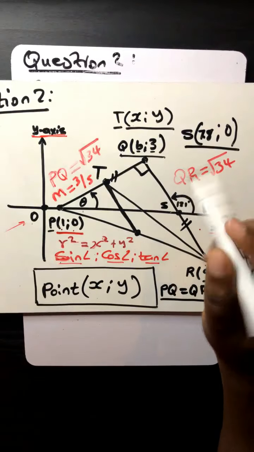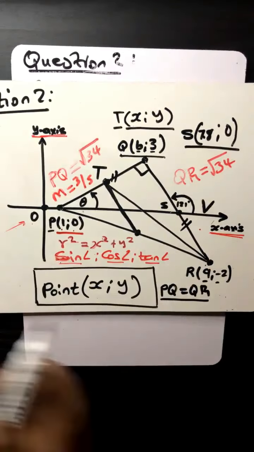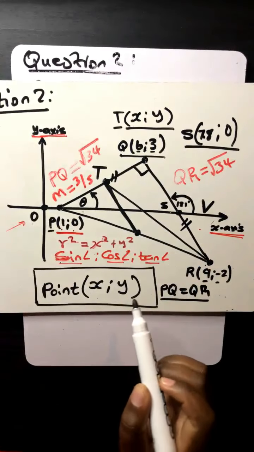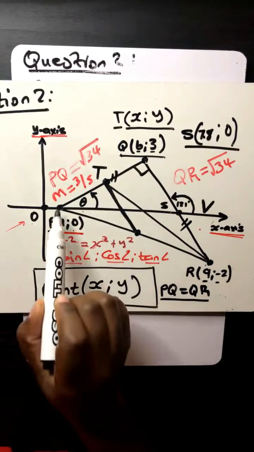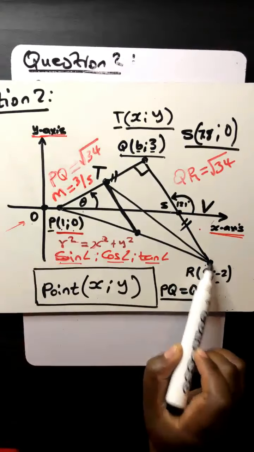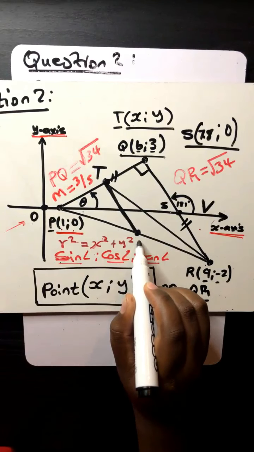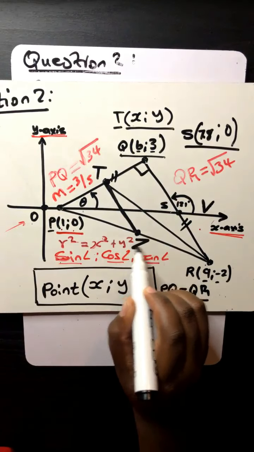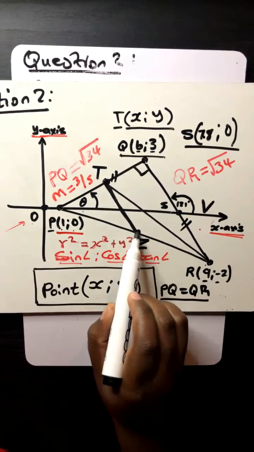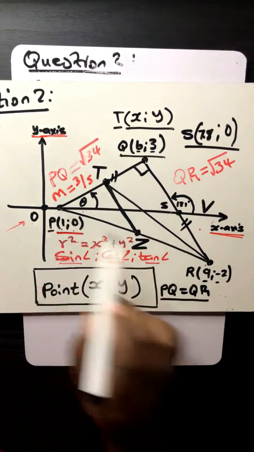So I will leave it to you guys to do as your homework. In short, what she's saying is correct. We know this point and we know that point. Let's call it point Z. So this point Z is the midpoint between that and that.